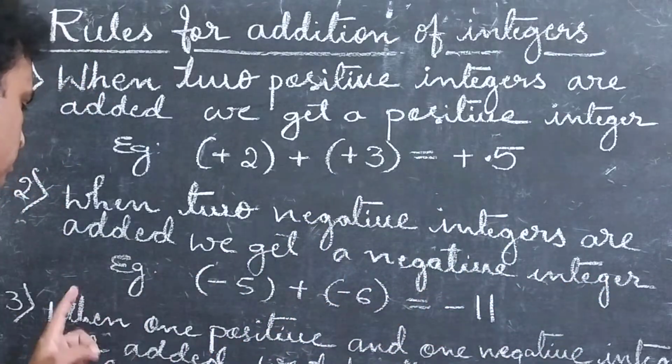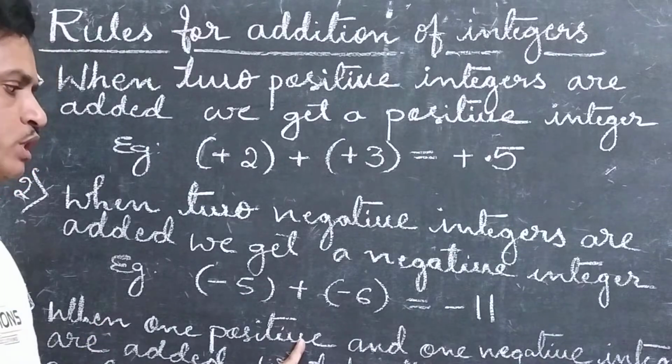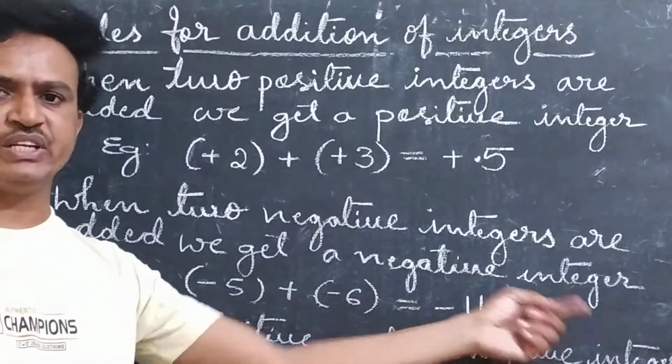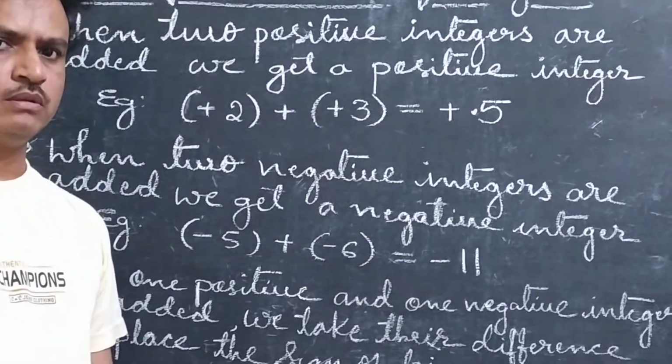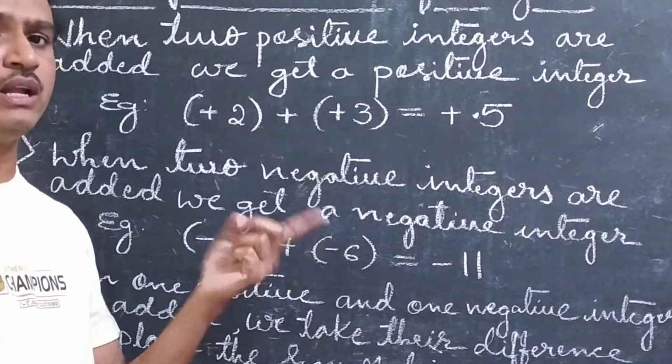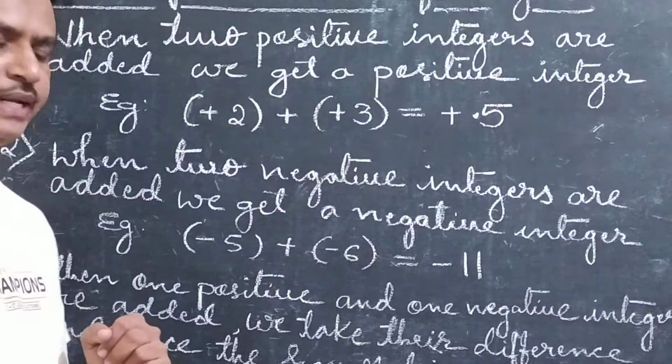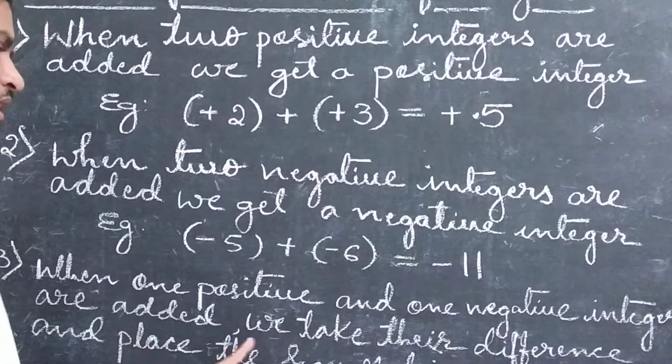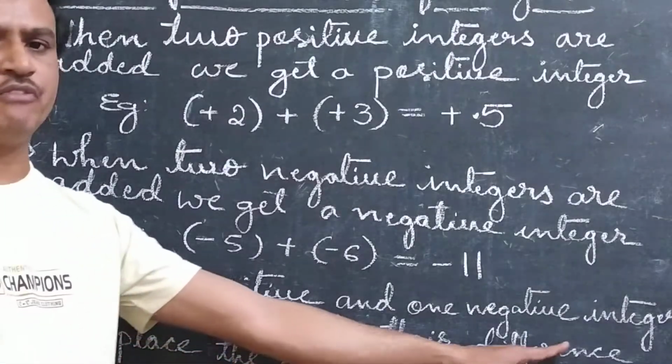Next point: when one positive and one negative integer are added, we take their difference.